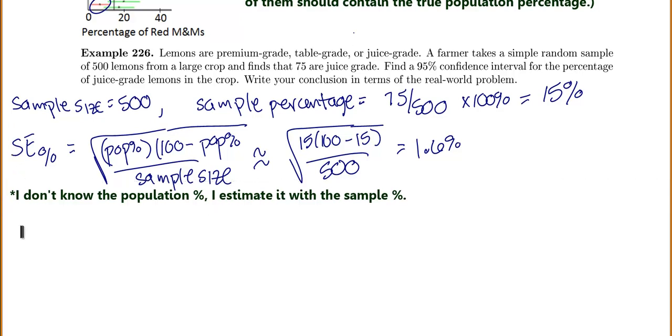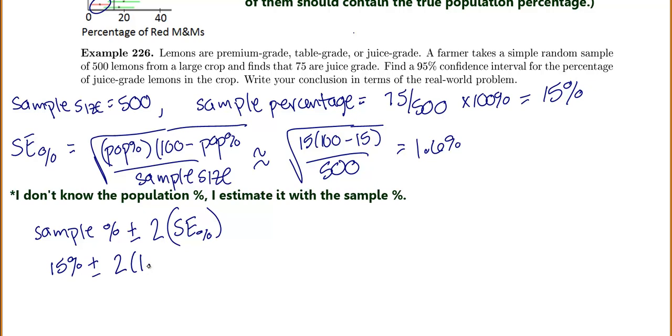Now let's find our actual confidence interval. Your confidence interval is equal to your estimate, in this case our sample percentage, plus or minus 2 standard errors. So our sample percentage was 15%, plus or minus 2 times 1.6%. If I do 2 times 1.6, that gives me 3.2.